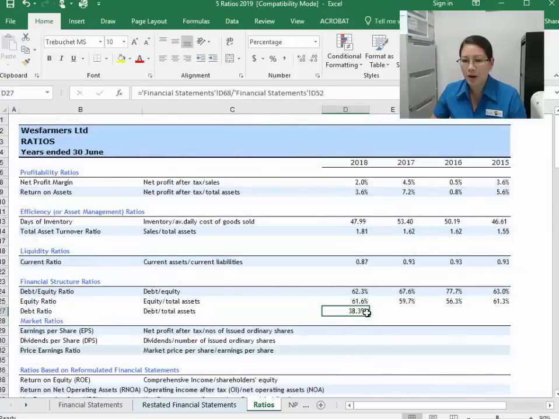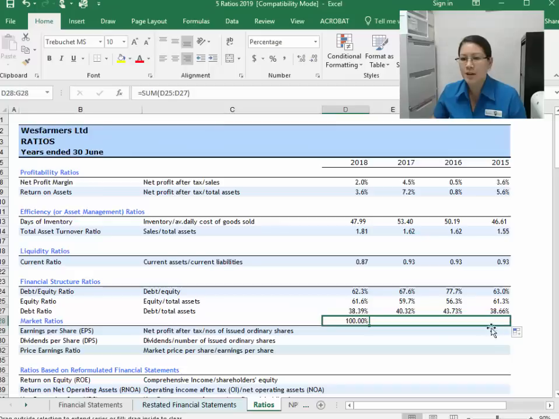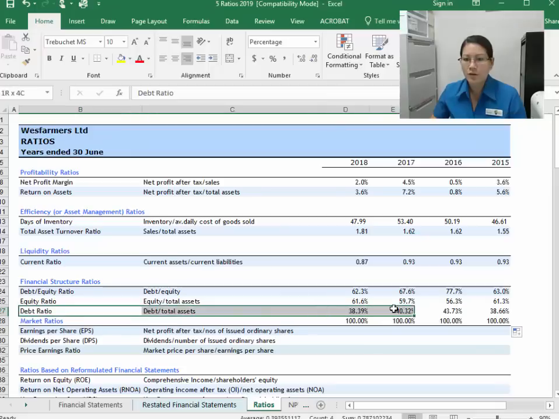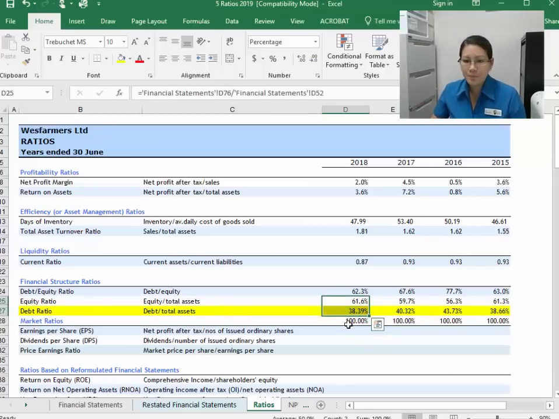I just want to illustrate what I was saying in the lecture, which is that these two added together will equal 100%. So with a debt ratio and an equity ratio, these ones here, I'll just highlight this one. You don't have to do this one. The debt and the equity ratio together add up to 100%. That shows you what percentage is funded by the owners and what percentage is funded by the outsiders.